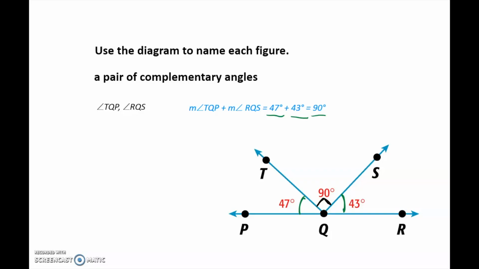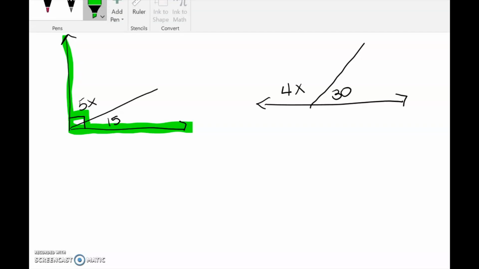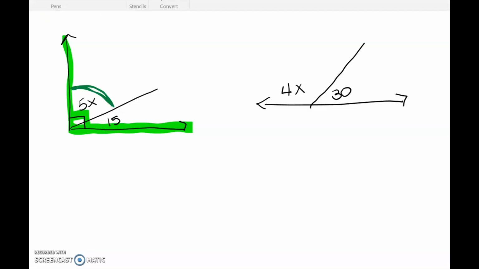the missing angle. Okay, so we're looking at our first diagram, and the first thing that I notice is that we have this box in the corner. And so that tells us that that is a 90-degree angle. So the angle in between these 2 lines is 90. But if I look at the picture, I can see that this is actually made up of 2 smaller angles, this green angle and this red angle.